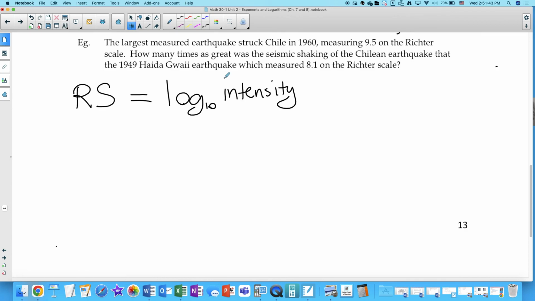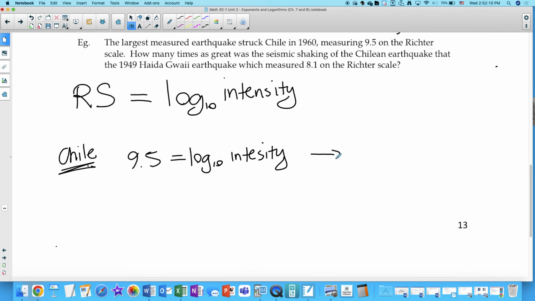Okay? So what that means is that if we look at Chile, the 9.5 is equal to log base 10 of the intensity. Now, if we actually wanted to evaluate the intensity, we'd have to switch forms. The intensity, right, becomes the value of the power, is 10 to the 9.5.